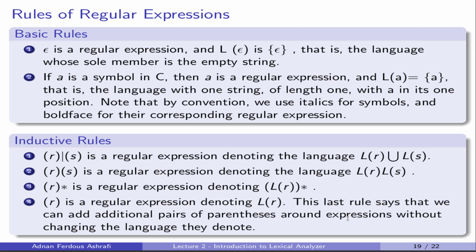ওকে, সো ফর এক্সাম্পল আমি যদি একটা রেগুলার এক্সপ্রেশন লিখি R|S, এখানে যে বারটা আছে এই বারটা দিয়ে আমরা অর বুঝাই। ওকে, সো জাস্ট think a bit carefully. R|S, what does this mean?